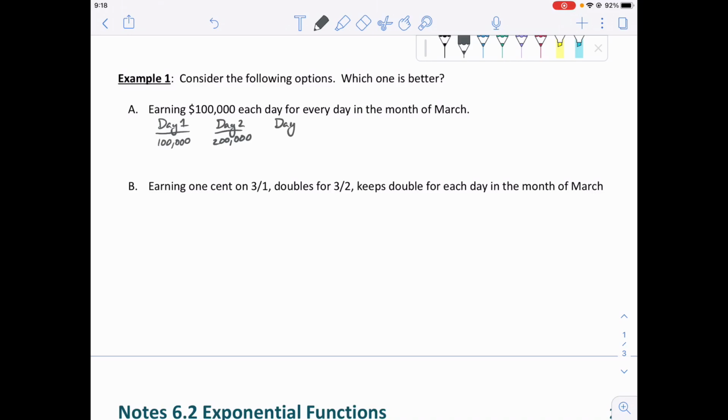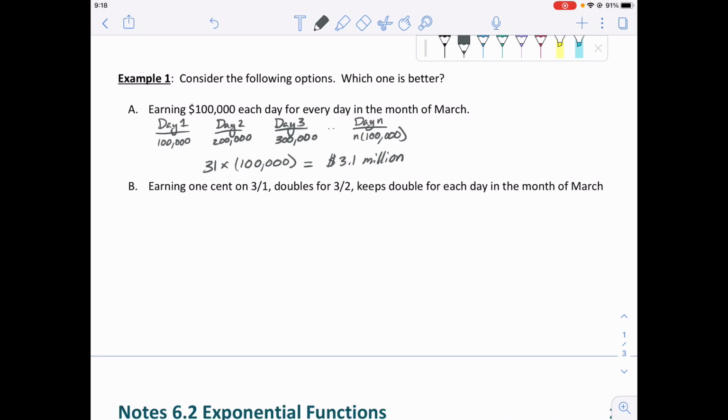On day 3, we've got $300,000, because we're earning an extra $100,000 every day. And so on the nth day, we're going to have n times 100,000. There are 31 days in March, so we're going to do 31 times 100,000. And we're going to get $3.1 million, which seems crazy.